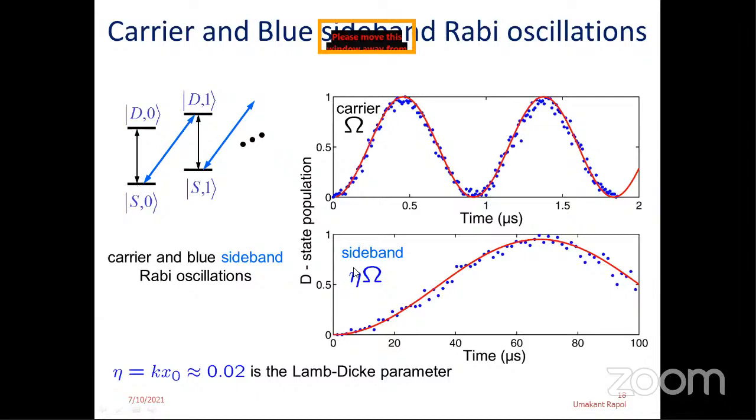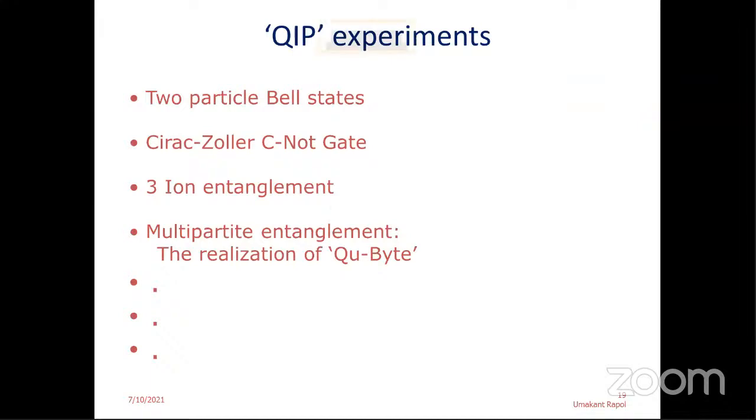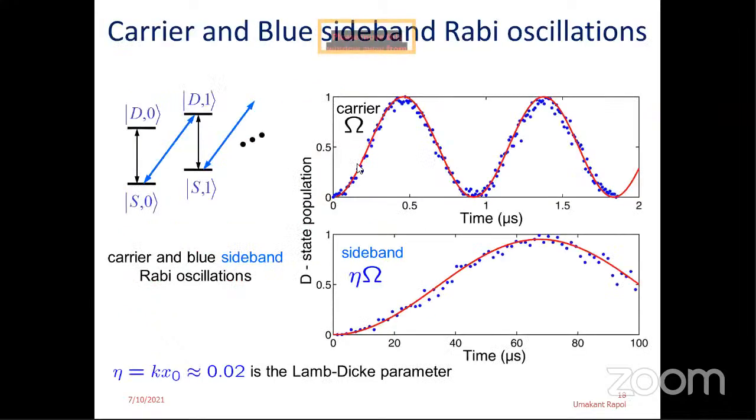That is decided by a factor called the Lamb-Dicke parameter. It's basically the extent of the wave function of the atom inside the trap, how it overlaps with the motional modes.